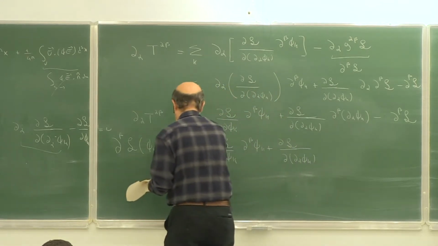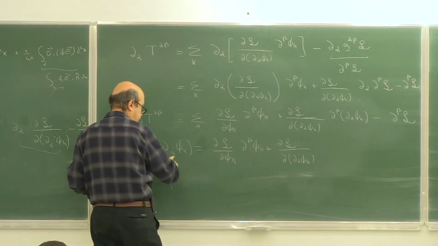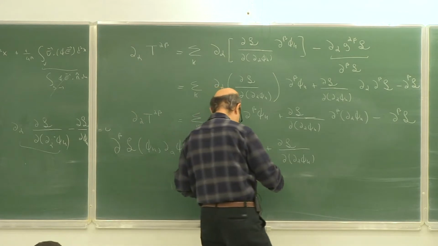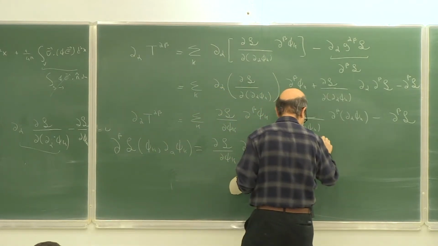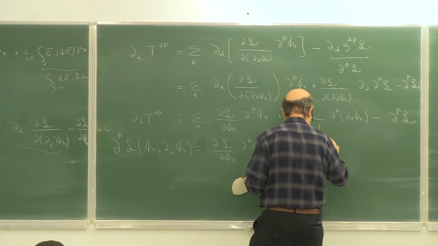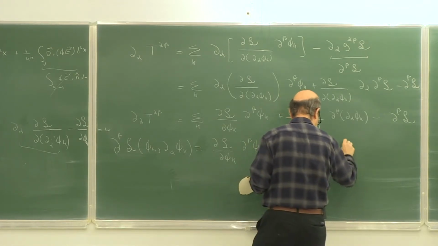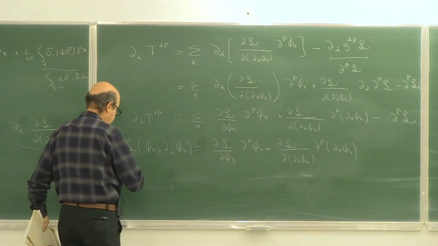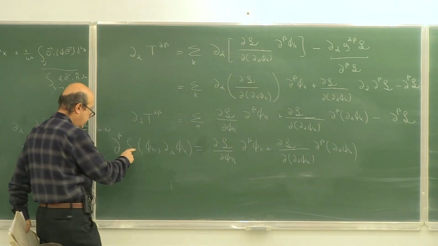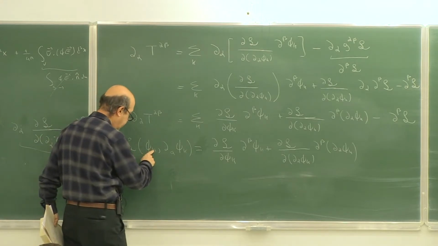This is the derivative of the fields, and the interior derivative will be del beta of del alpha V_k.